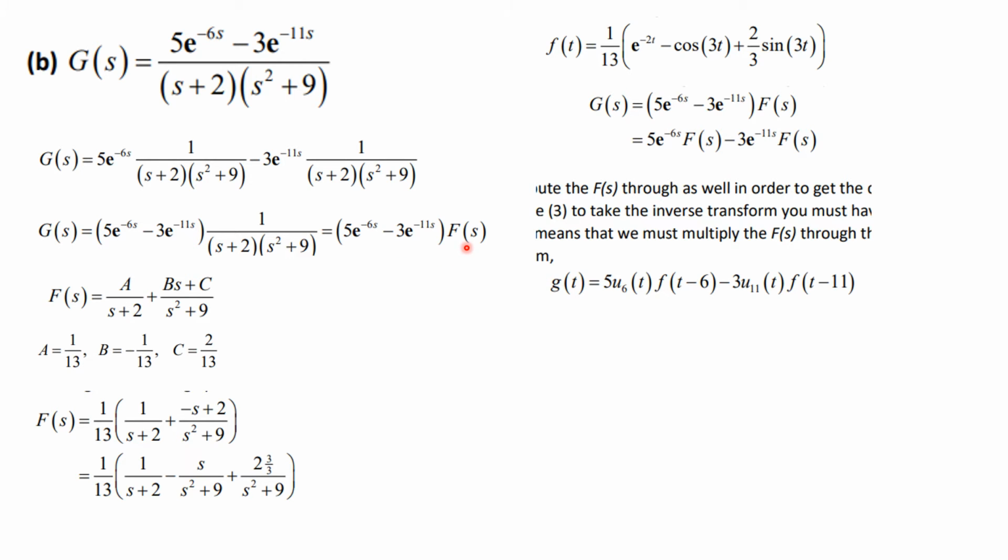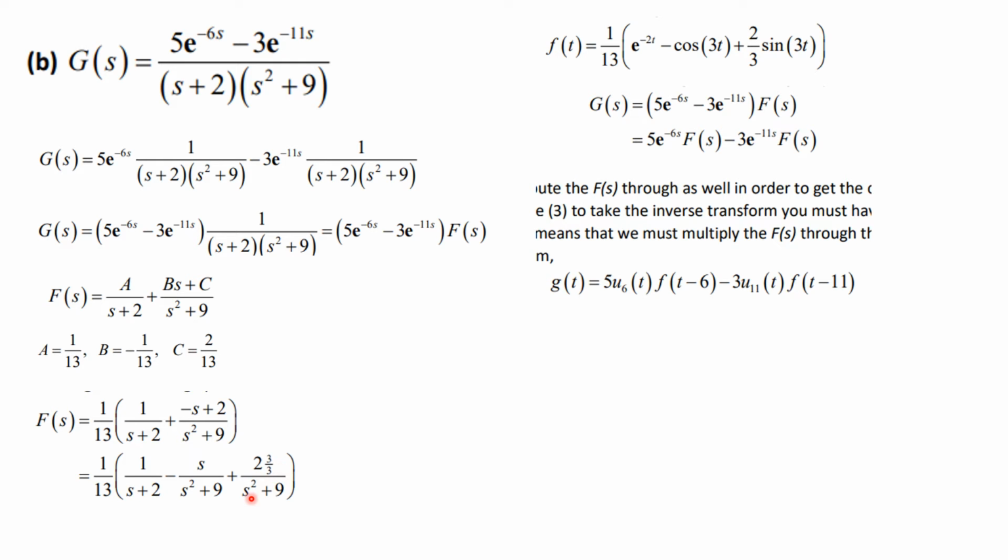So capital F of s then is 1 over this, but I can now use partial fractions to determine that. Capital F of s is this, and here I'll break this into two terms, and so capital F of s is 1 over 13, 1 over s plus 2 minus s over s squared plus 9, plus this is 2.